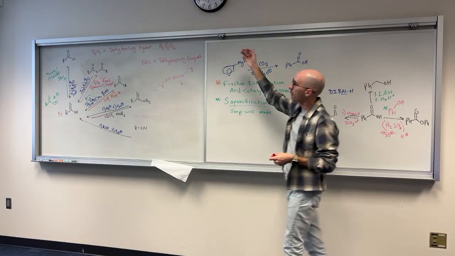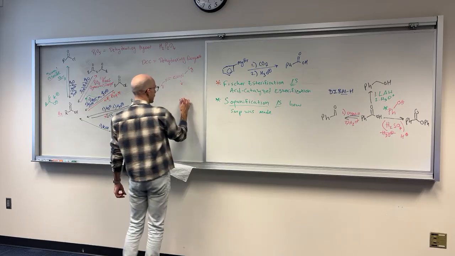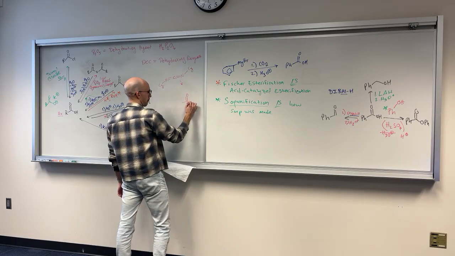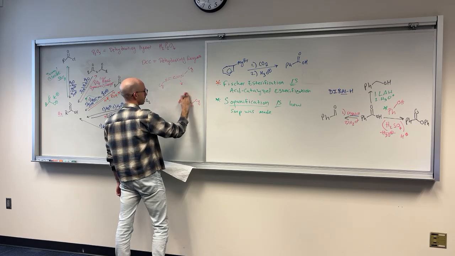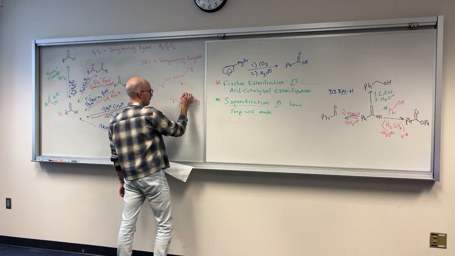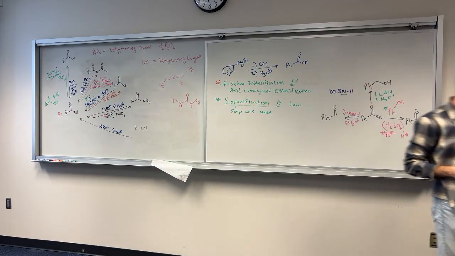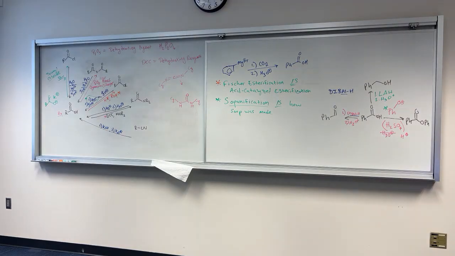So we saw how P2O5 becomes H2P2O6. DCC becomes this, which I don't know that I know the name for sure, but it very well might be called N,N'-dicyclohexyl urea.